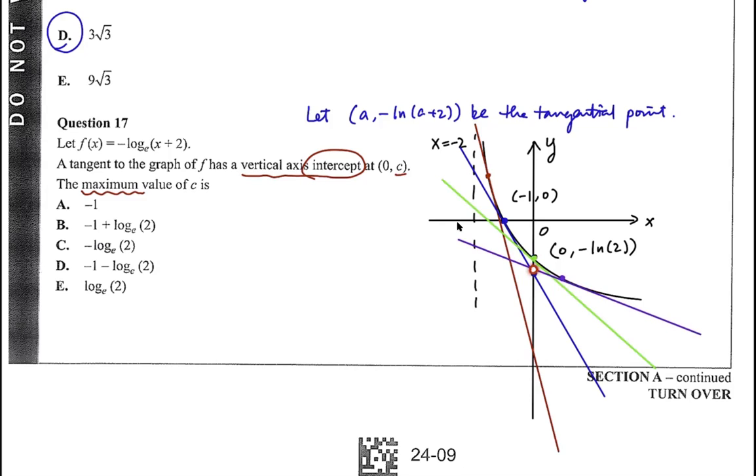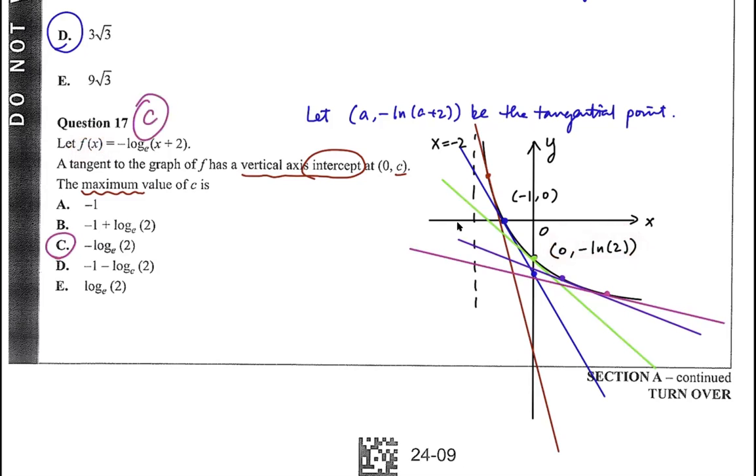A lower y-intercept. Let me try one more point with a pink color. Whoa, even lower. So the highest possible C will be placed here. Therefore, this point will coincide with the y-intercept of the function f of x, which means my maximum value of C will be minus natural log 2.